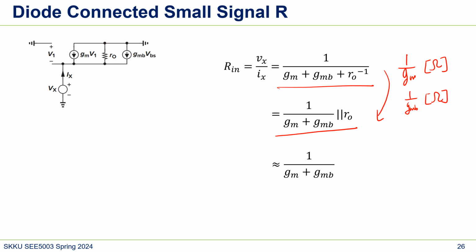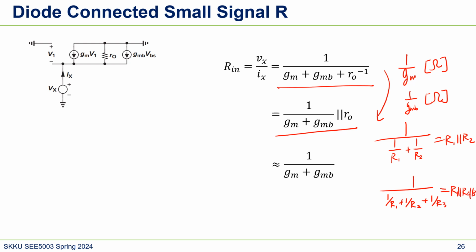So when we do a parallel resistance connection, it will look like R1 R2 over R1 plus R2, and for three it is R1 R2 R3 over the sum of pairwise products. So this is a parallel connection of R1, R2, R3, and it will look like this.